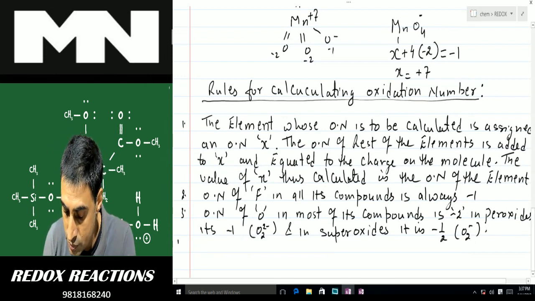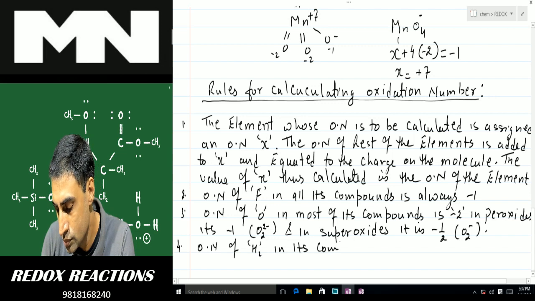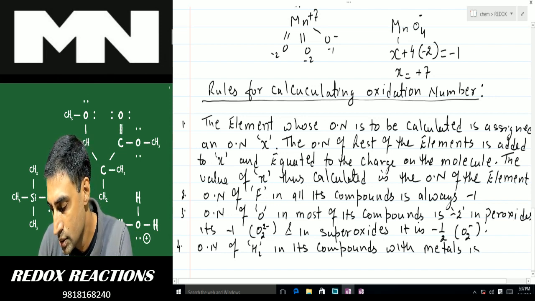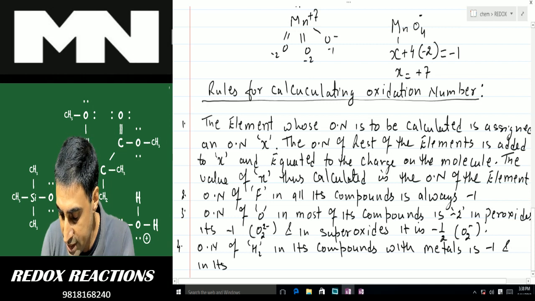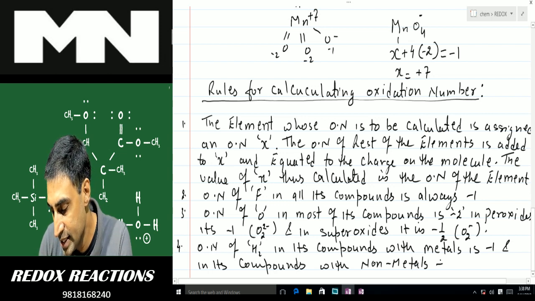Next, the oxidation number of hydrogen in its compounds with metals is -1, and in its compounds with non-metals is +1.